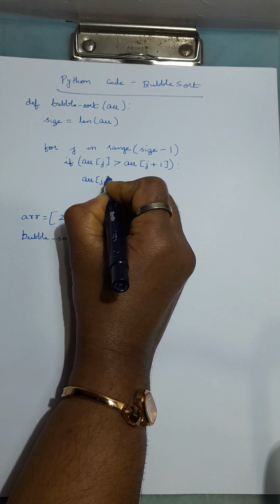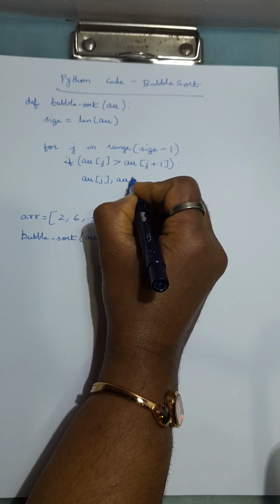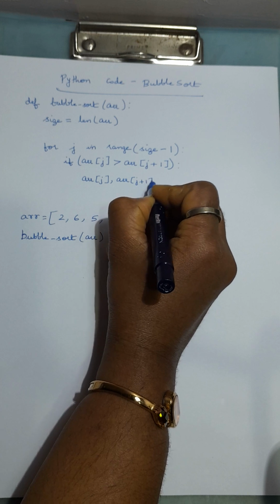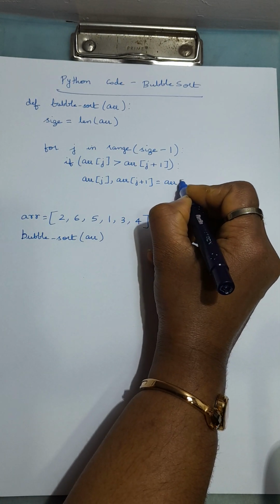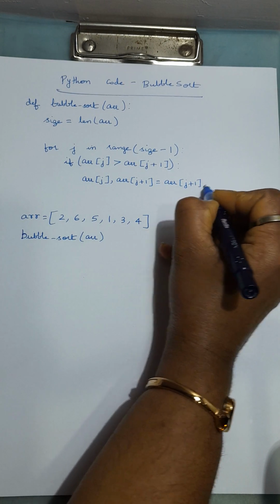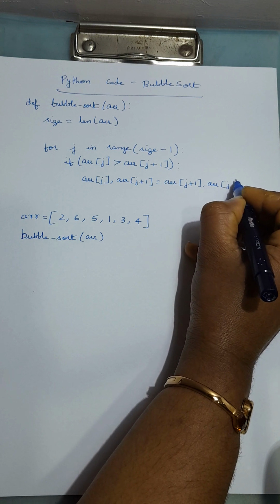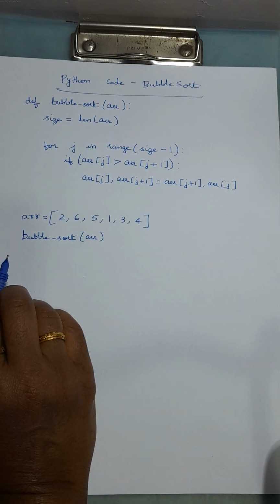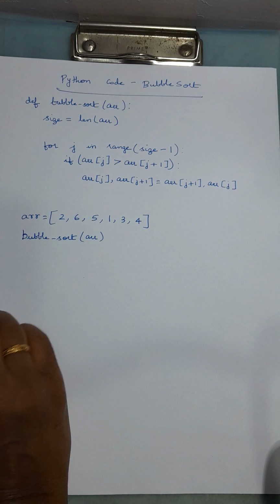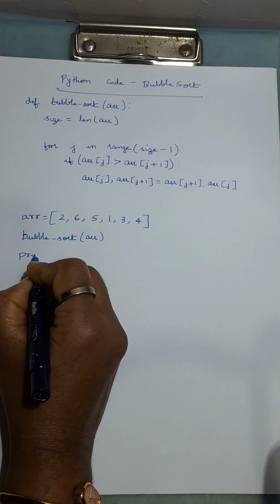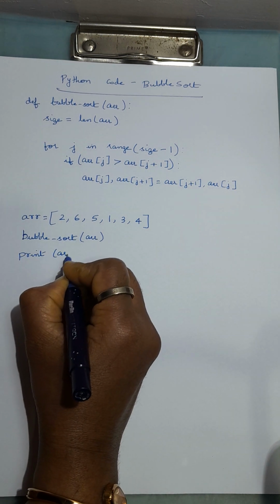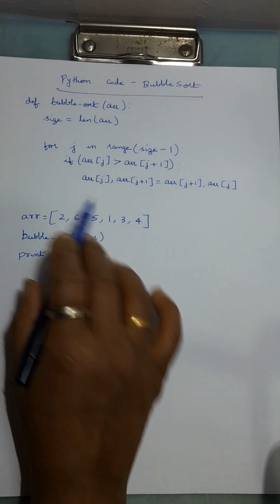Array of j, comma, array of j plus 1 is equal to array of j plus 1, comma, array of j. So we do the swapping here, and let me print the array here. Okay, after completing this.